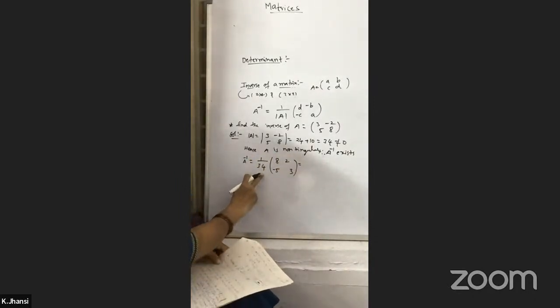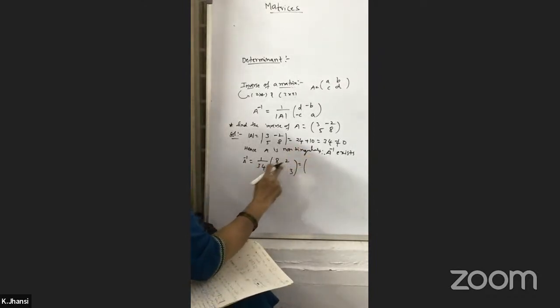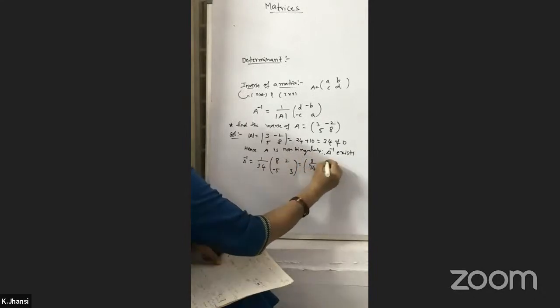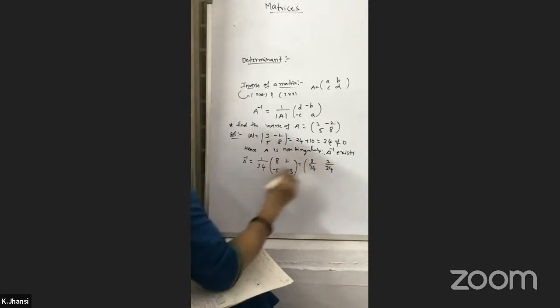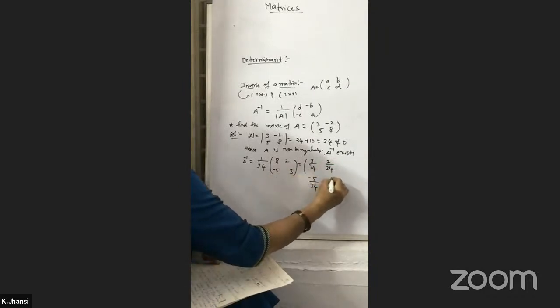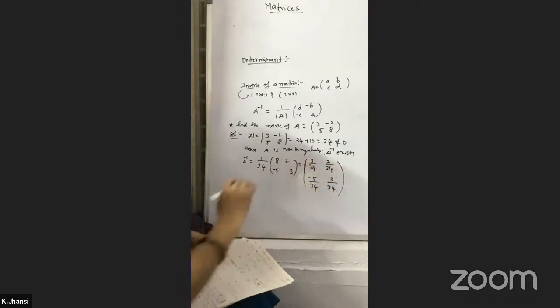Now, if you want, you can keep it like this only, or else we can multiply this one into all the elements. Then you will get 8 by 34, 2 by 34, minus 5 by 34, next 3 by 34. Okay.